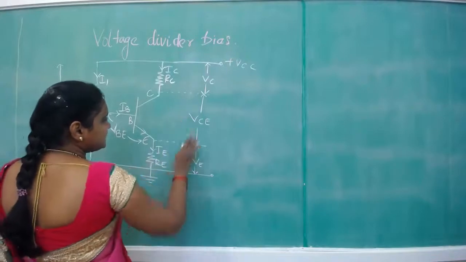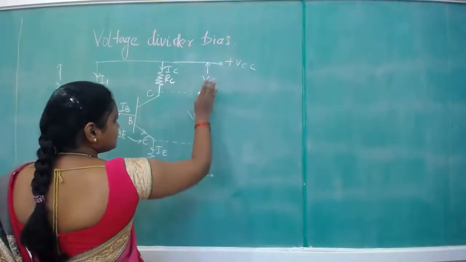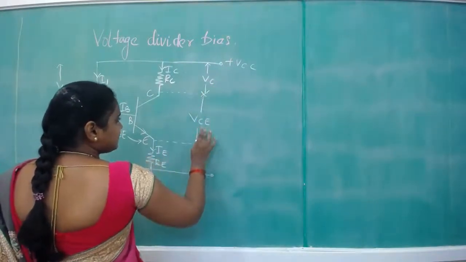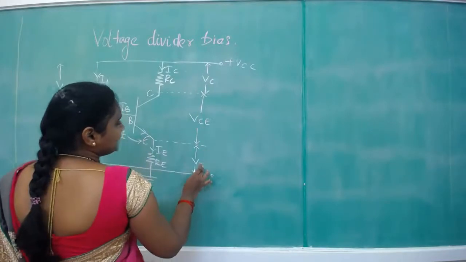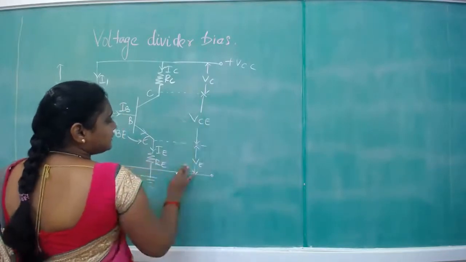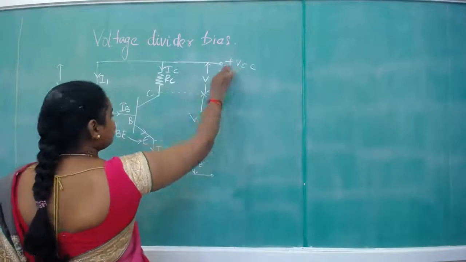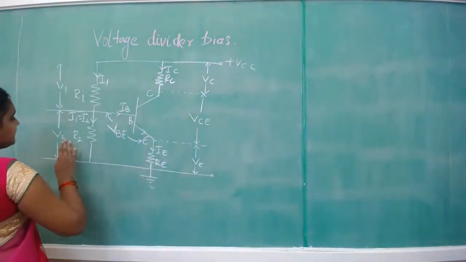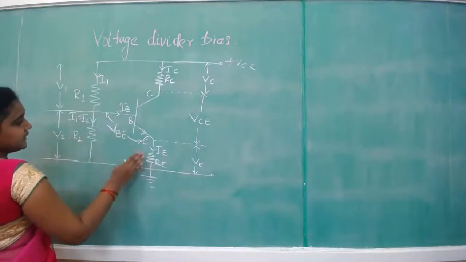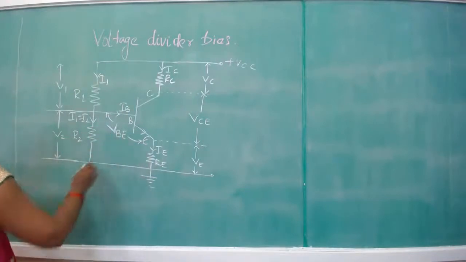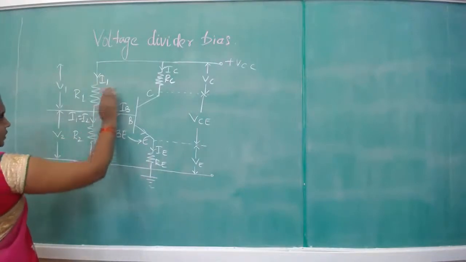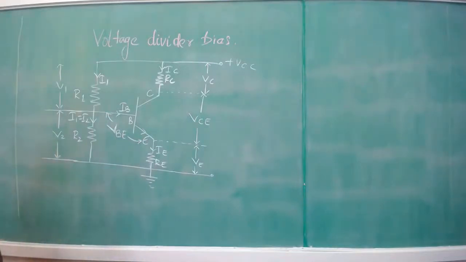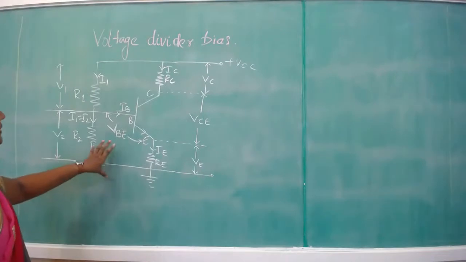Towards the collector terminal, we have three voltage drops, VC, VCE and VE, resulting from VCC. And here we can see that V2, VBE, and VE are applicable only to this loop, not the upper loop. So this is the circuit.